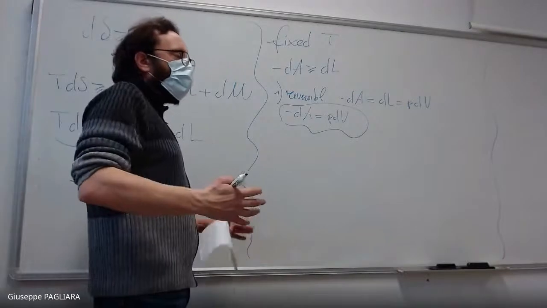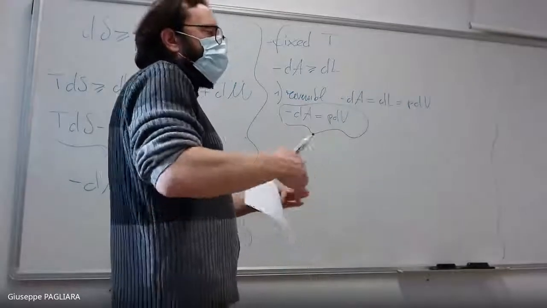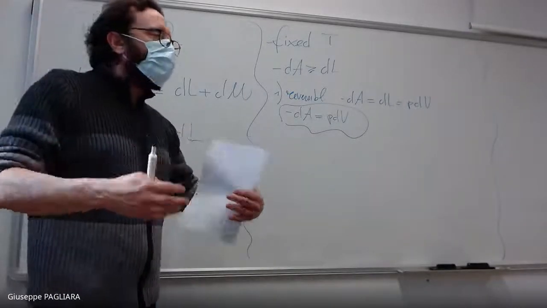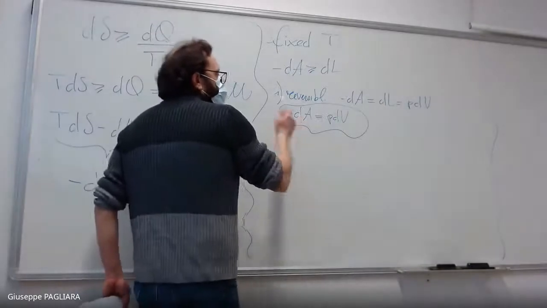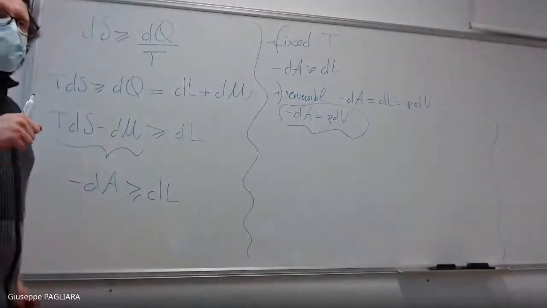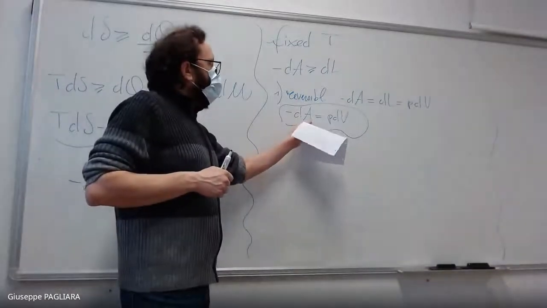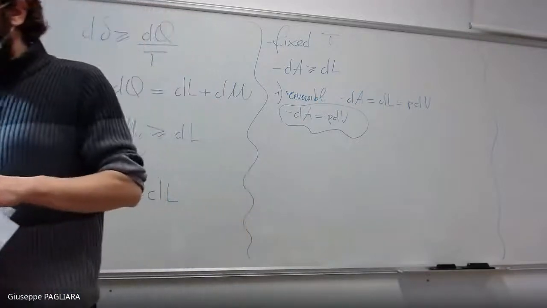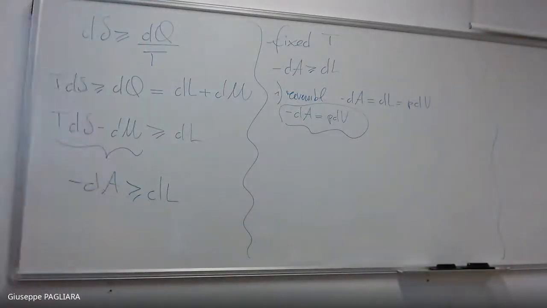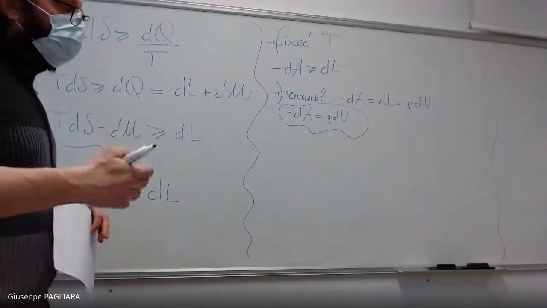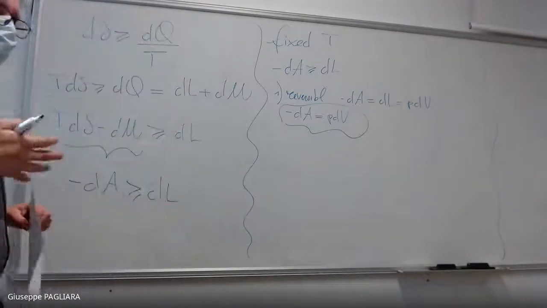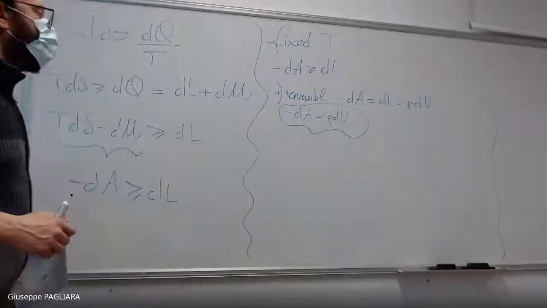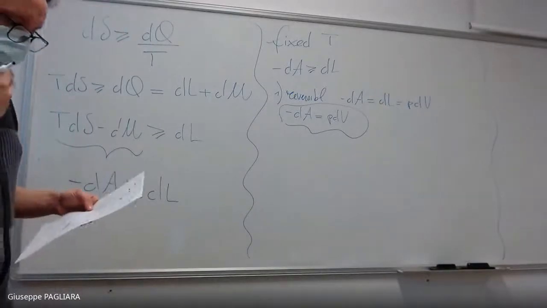So the exchange of work between the system and the environment, which means that the system is doing work on the environment, or just the contrary, is equal with a minus to the variation of the Helmholtz free energy. So how much the free energy can vary establishes the potential of how much work the system can do on the environment.